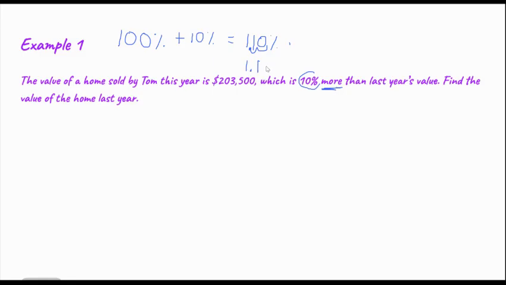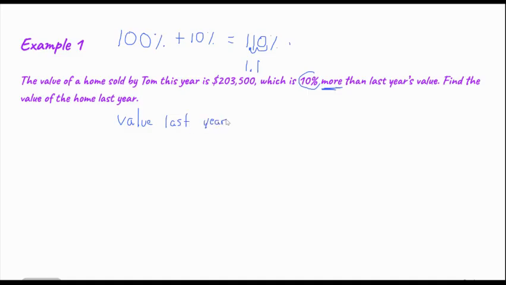Now, there's a general equation that we can work with and then fine tune from there. We want to find the value of the home last year. So the value of the home last year is the thing that grew 10%.